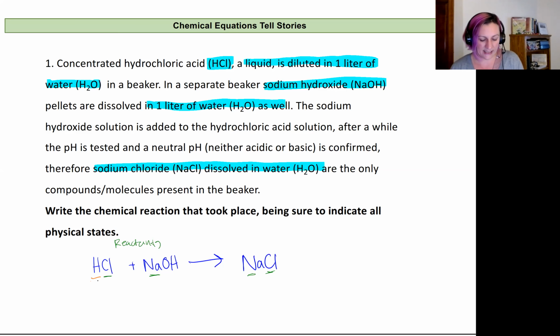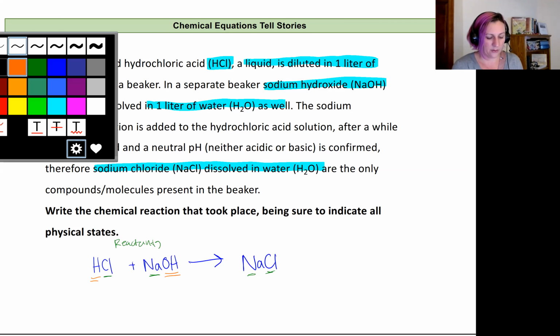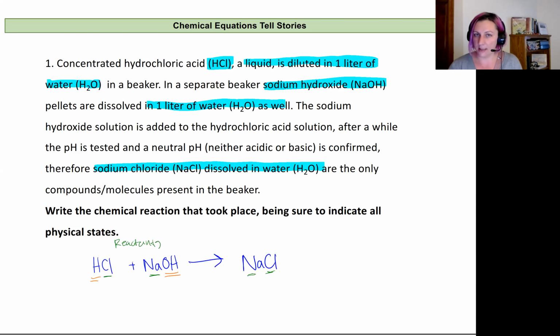Within my reactants, I also have a hydrogen and an OH. And these are actually going to combine, as we'll talk about a little later with types of chemical reactions. This is an acid-base reaction. Those will create a water molecule. So that hydrochloric acid and that sodium hydroxide just react themselves, and they produce a sodium chloride compound and a water molecule. So I don't actually need to include water in my reactants because it's not actually participating in the reaction.